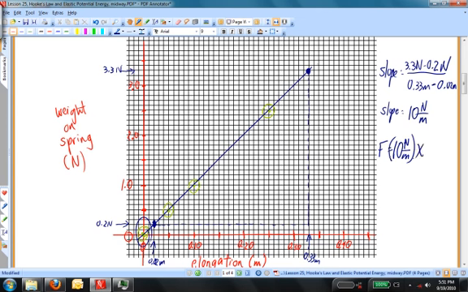What I hope you see is that's Hooke's law equation with a spring constant of 10 newtons per meter. In other words, the slope of this line is the spring constant for this graph. The spring constant is the slope of this line.